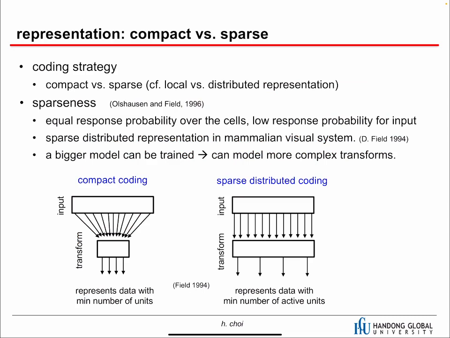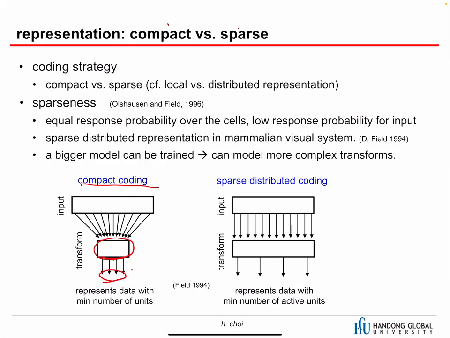Then even in the distributed representation, we can categorize representations into compact coding and sparse coding, or compact representation and sparse representation. Basically, compact coding can be explained with PCA, and sparse coding can be explained with NMF. In compact coding, we find smaller, lower dimensions. So now we have a compact representation.